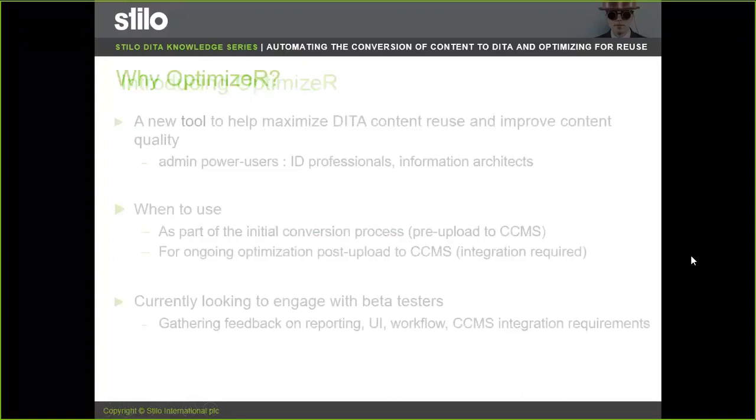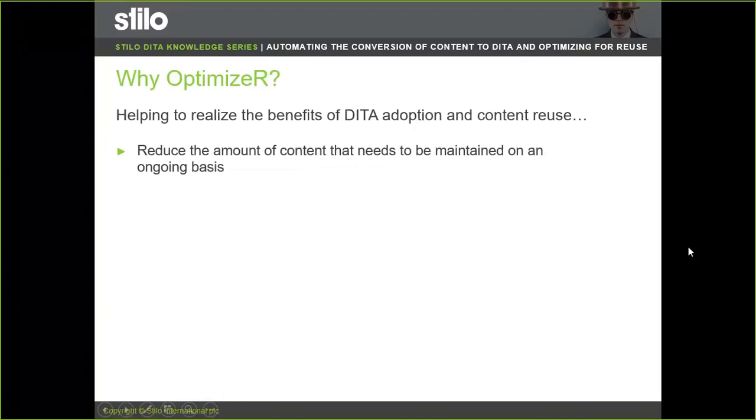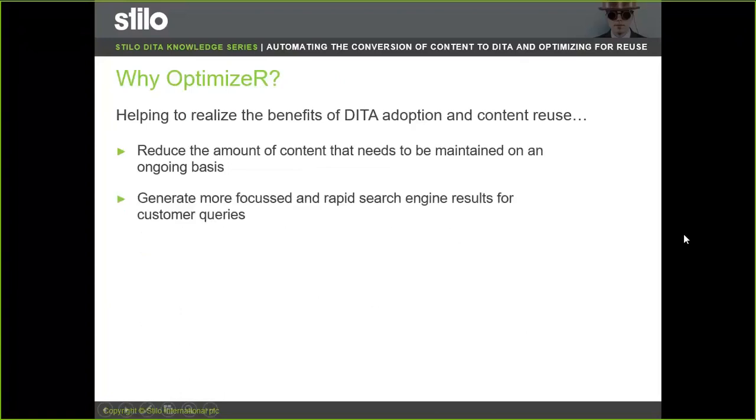If we now consider, well, why Optimizer? It's really helping to realize the benefits of DITA adoption and content reuse, which essentially reduces the amount of content that needs to be maintained on an ongoing basis, but also helps to generate more focused, rapid search engine results for customer queries.